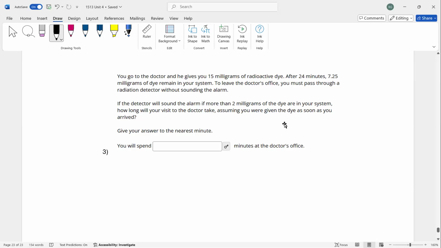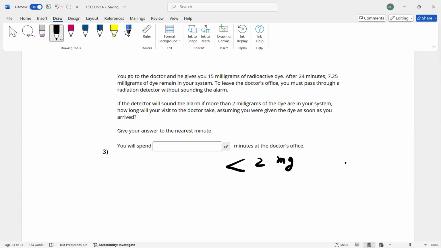Then when you leave the office, the dye in your system. What's the standard to pass the detector? The detector will sound the alarm if more than 2 milligrams are in your system, right? So we want less than 2 milligrams in your system.